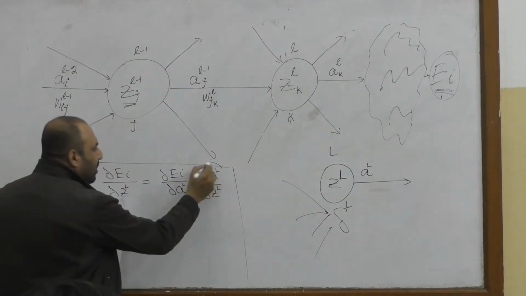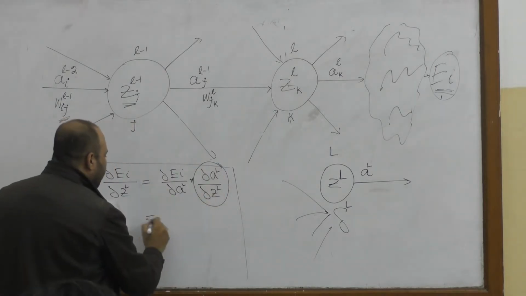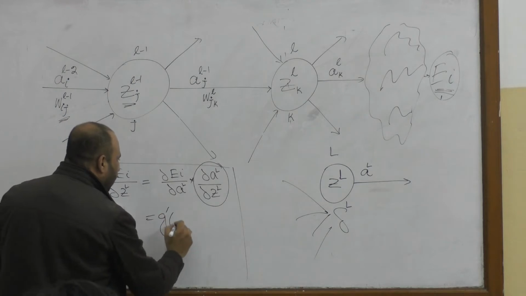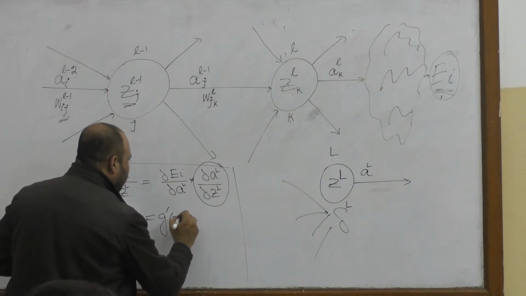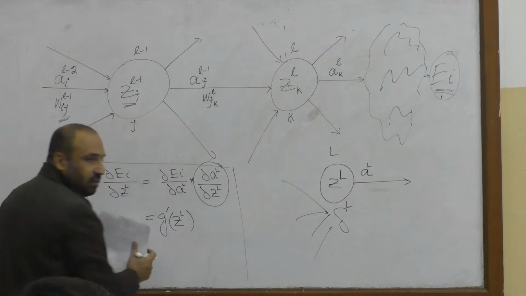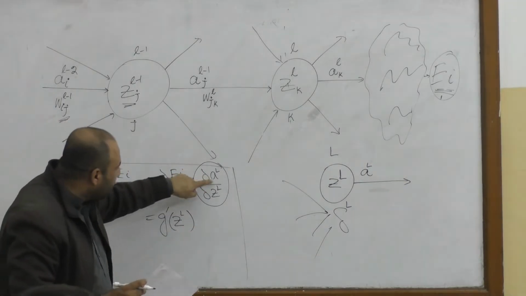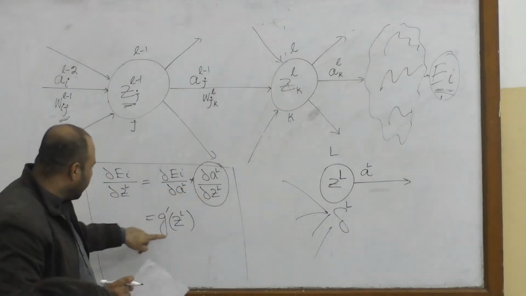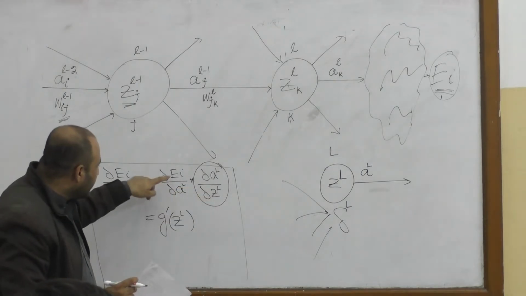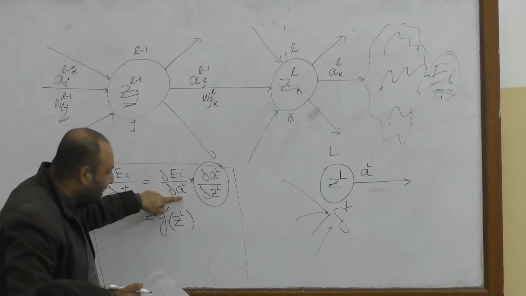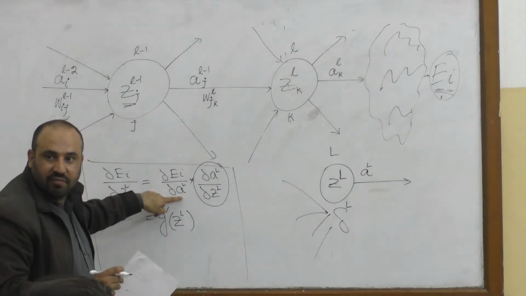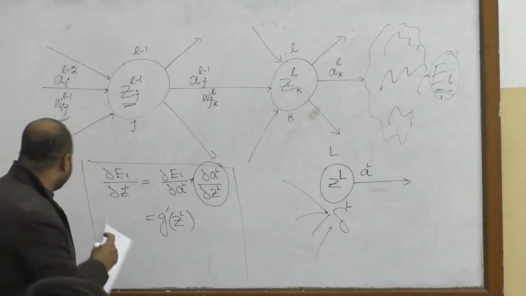If you see this partial AL over partial ZL, this is simply g dash of ZL. Yes? Because AL is g of ZL, so the derivative of g of ZL with respect to ZL is just this. For the other factor, differentiate the error with respect to AL. And this is very simple.